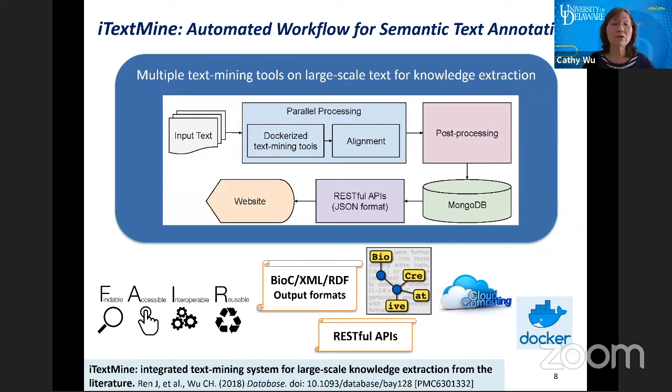And so starting from the input text, we have all the different text mining tools Dockerized. The texts are aligned so that we can extract the entities, relations, and do the normalization. And then all the information is kept in the database and disseminated in multiple formats.